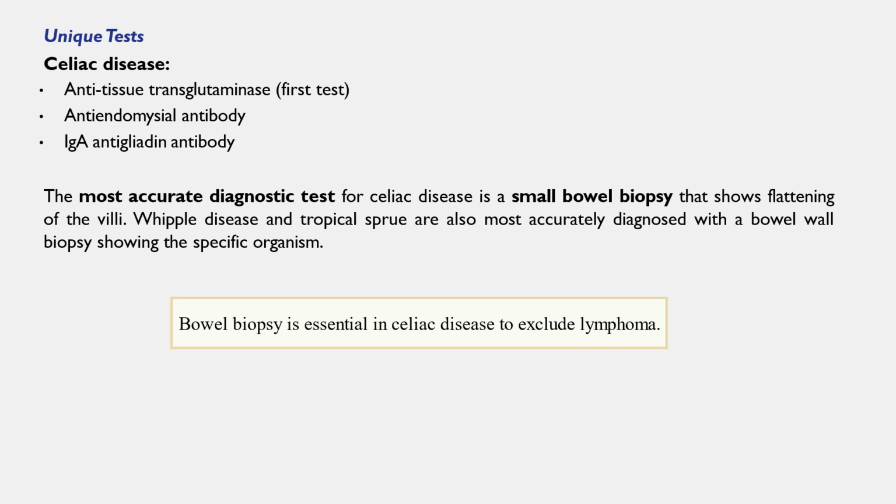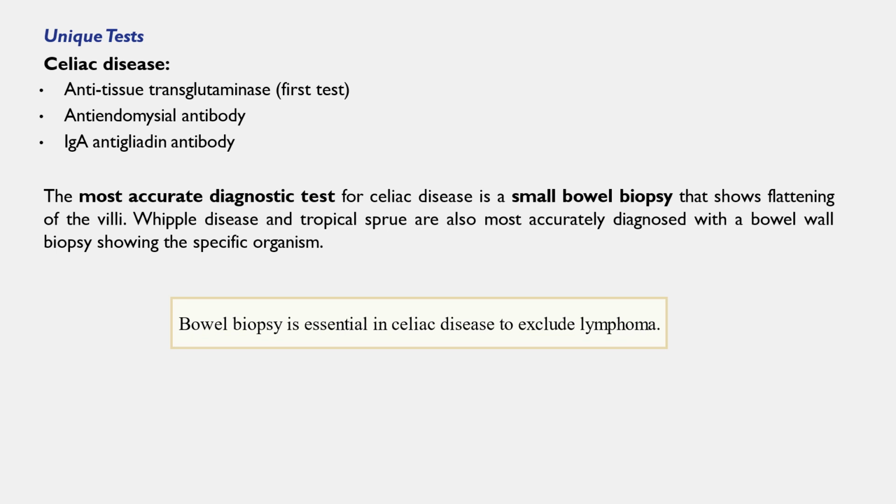And number 3, IgA anti-gliadin antibodies. The most accurate diagnostic test for celiac disease is a small bowel biopsy, which usually shows flattening of the villi.